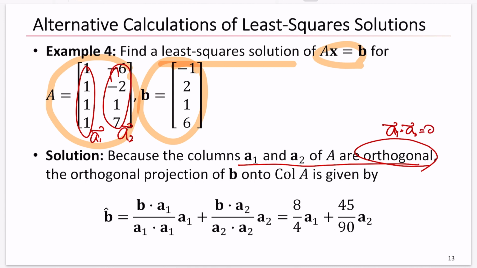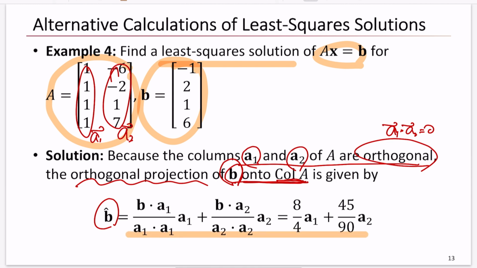So the orthogonal projection of b onto the column space of matrix A is given by b hat. In this case a1 and a2 form an orthogonal basis for the column space, so you can just find b hat following this rule.